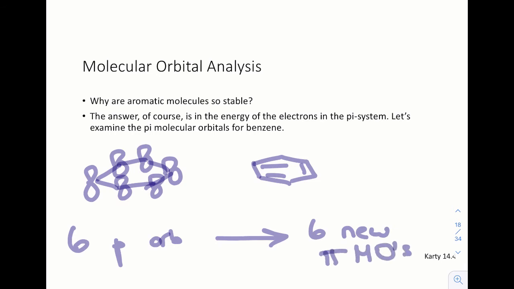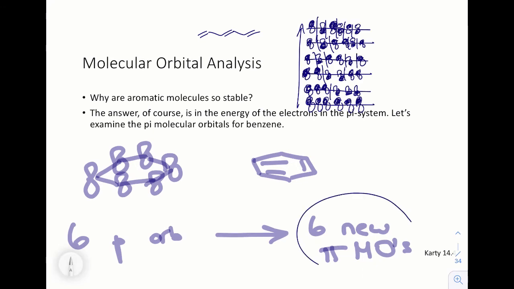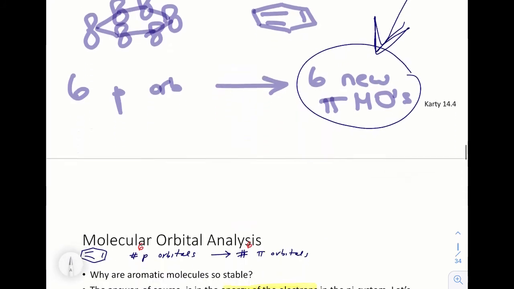And these orbitals will be quite distinct from those that we formed for just the simple 1,3,5-hexatriene. In fact, these 6 new pi molecular orbitals are quite different from what we observed for the acyclic system. Let's examine these molecular orbitals for benzene now.